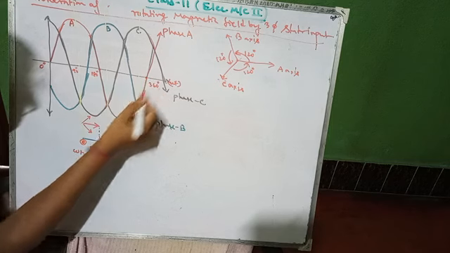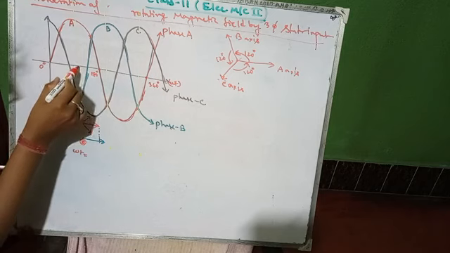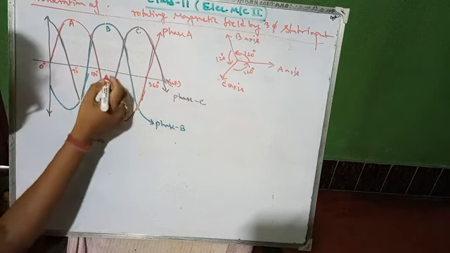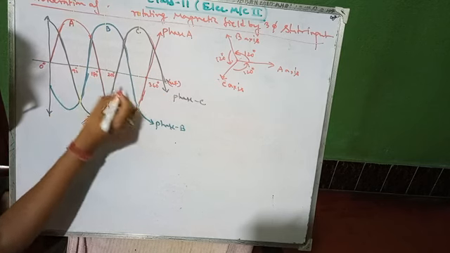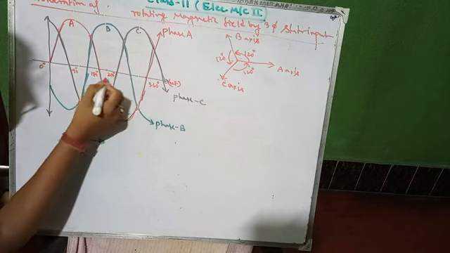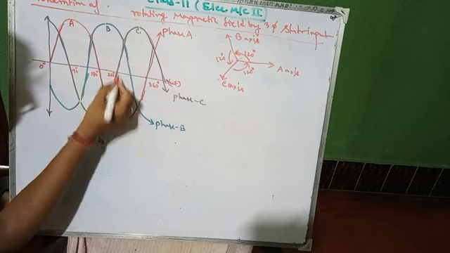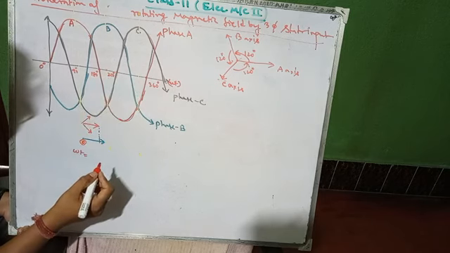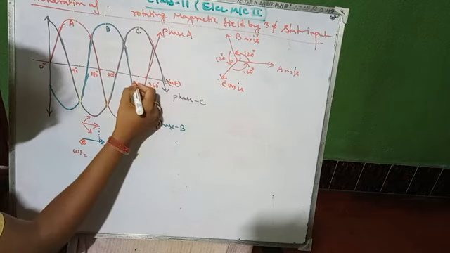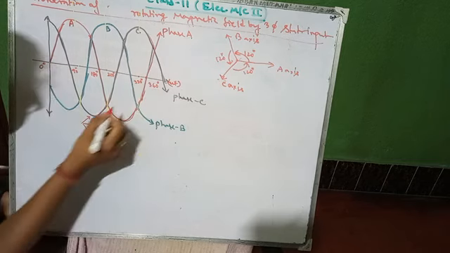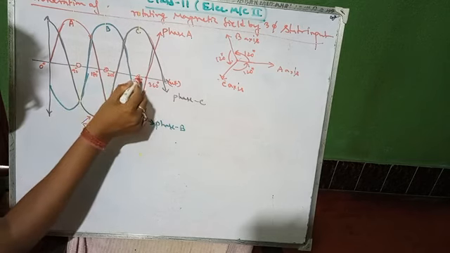Adding 120 to 90 gives 210 degree, and then 240 plus 90 gives 330 degree. So I am taking instants at 90 degree, 210 degree, and 330 degree.